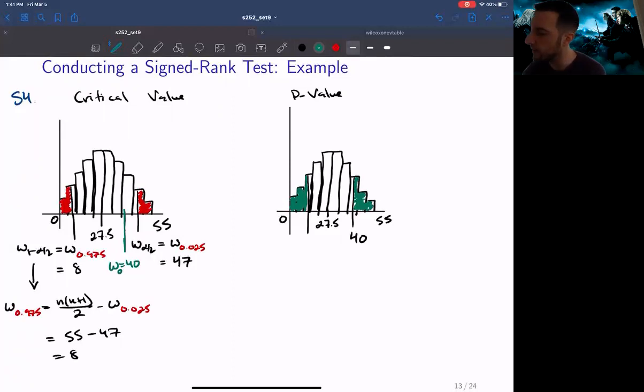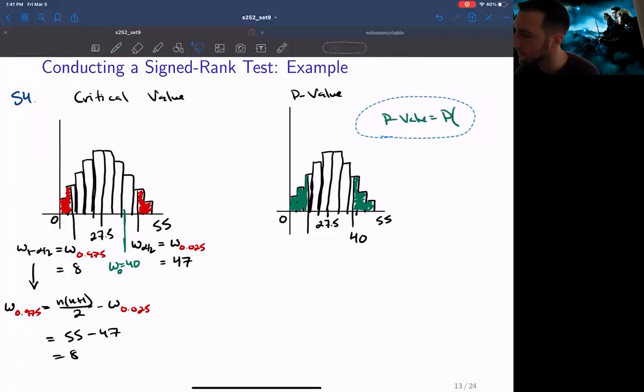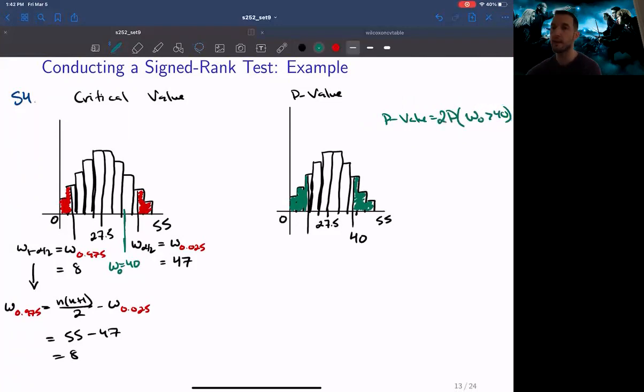So we could get away with writing the p-value is equal to 2 times the probability that capital W0 is greater than 40. So that is true.